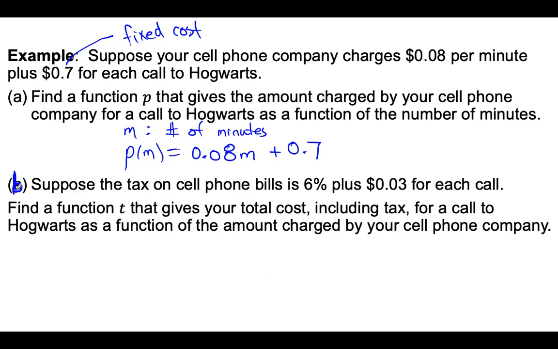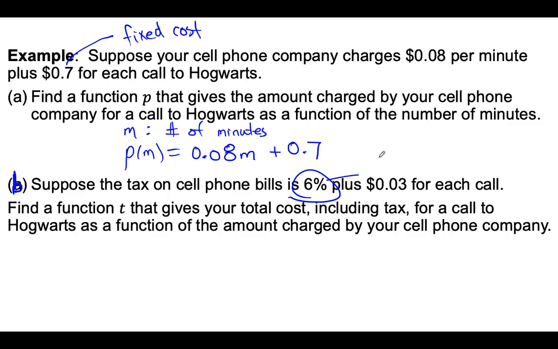So suppose the tax, now the company charges you a certain amount. Now the government also charges you a certain amount of money. Suppose the tax on a cell phone bill is 6% plus 0.03, another fixed cost by the government. But this 6% is in addition to the actual cost. Like the company charges you a certain money, and then the government also charges you taxes, like 13% HST or something like that.